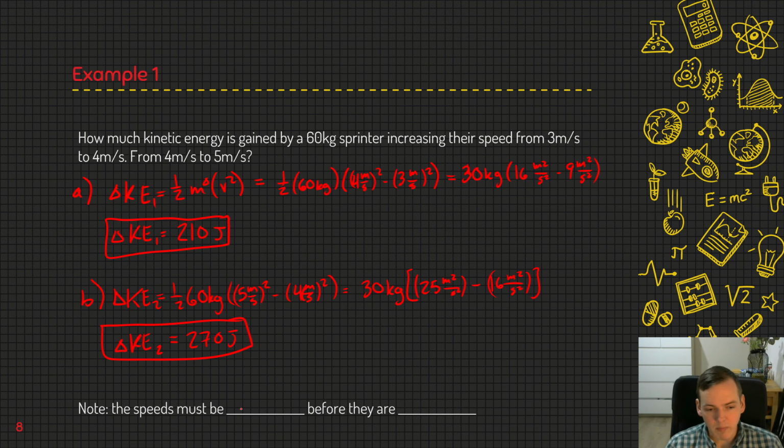So note, we must square the speeds before we subtract them. If we subtracted then squared, we get a difference in speed of 1 in both cases. And we'd get, therefore, in both cases, just 30 joules as our change in kinetic energy.